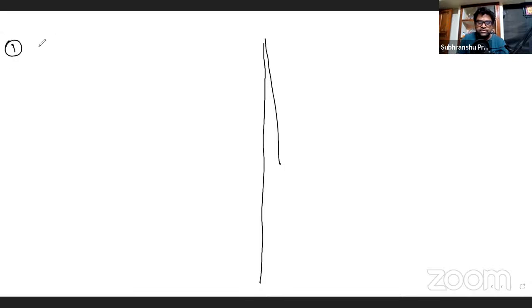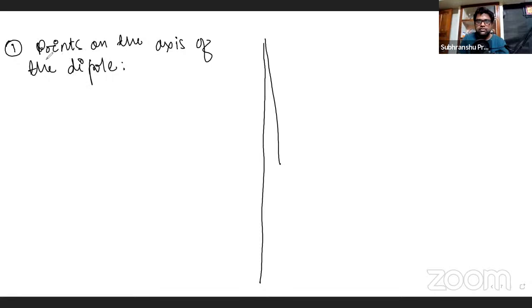The first one is points on the axis of the dipole.